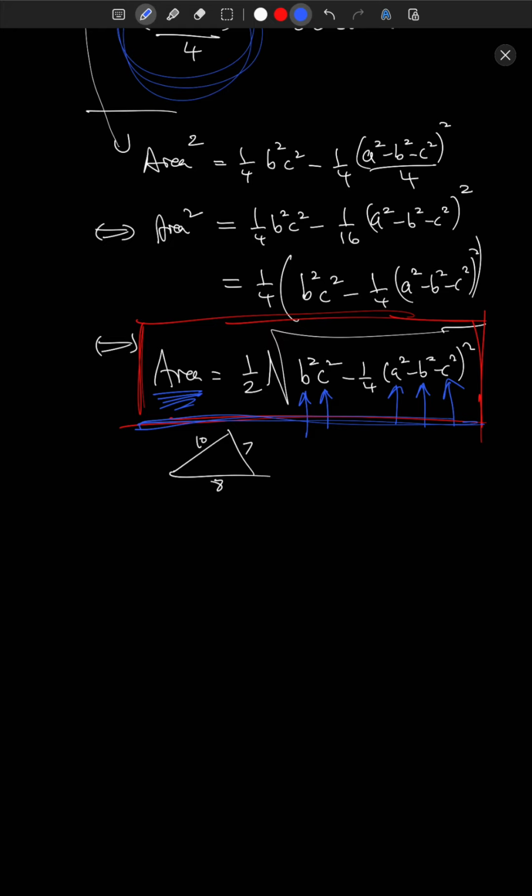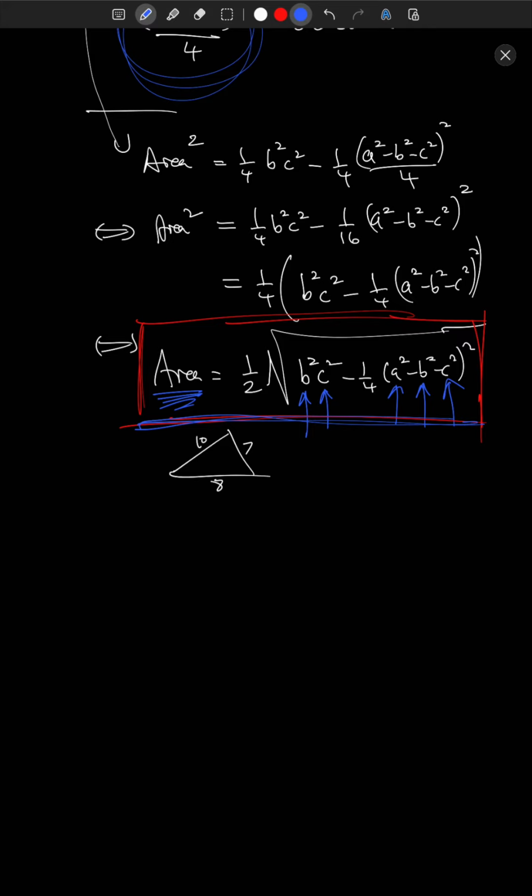For this class, just know that you can find a formula for the area of a triangle using just its side lengths, and this formula here is good enough. We don't need a fancy formula because we're not going to be doing anything with it further on in our class.